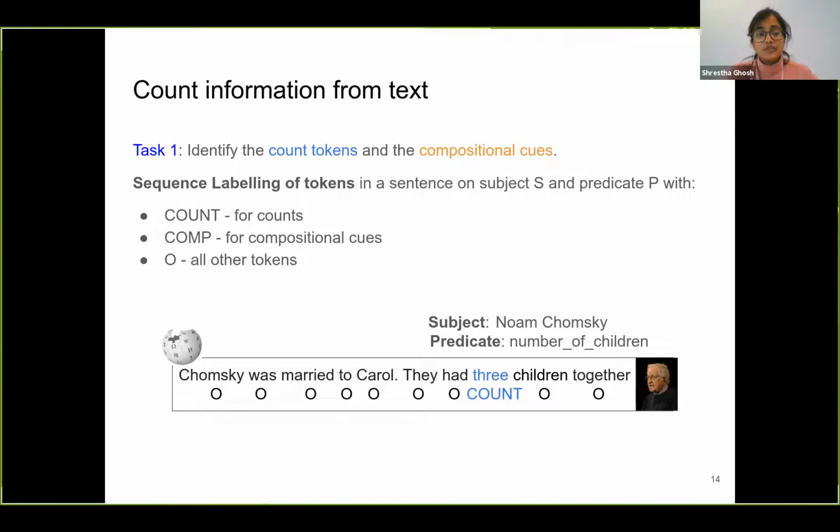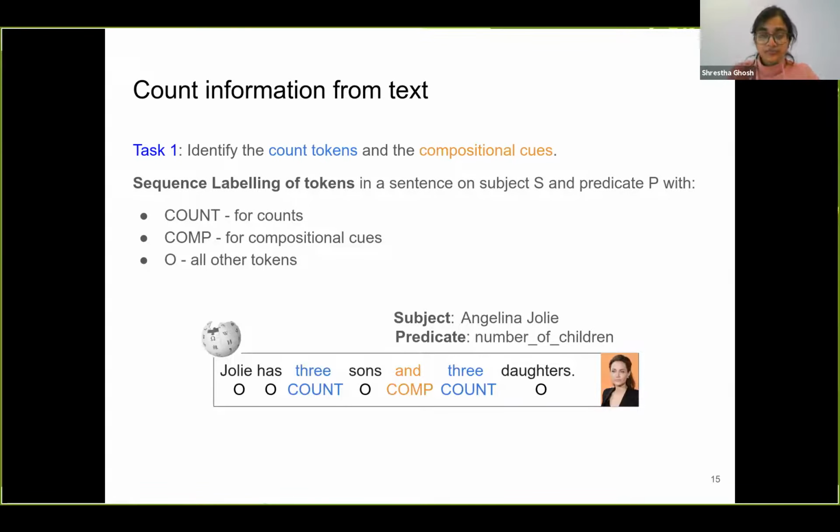The way to go about it is to label the tokens. Basically, any count token is labeled as count, and all the others are marked as other tokens. Let's give another example where we have compositional cues.